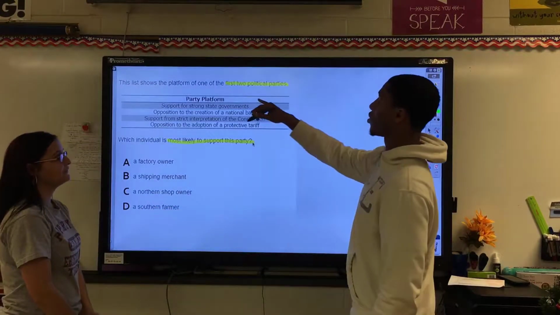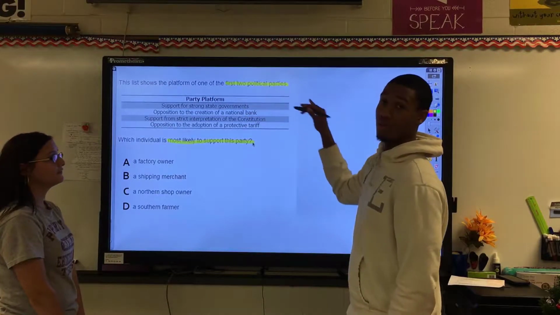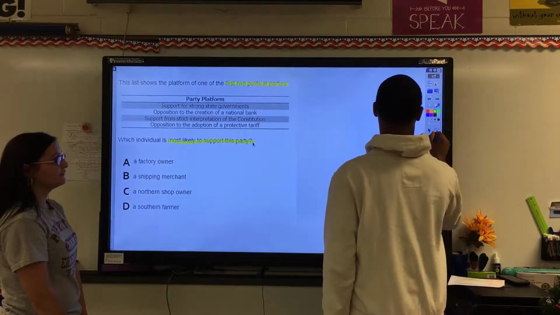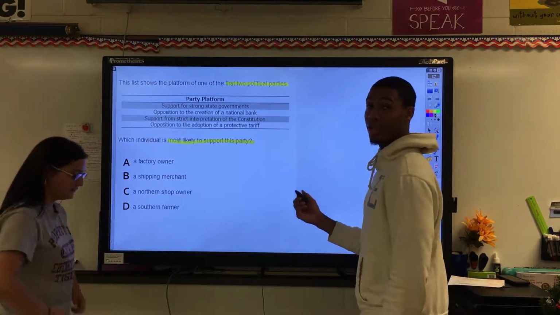So, the key point of the question is the first 2 political parties. I know that one of the political parties is the Federalists. So what I'm going to do now is write down everything I know about the Federalists.